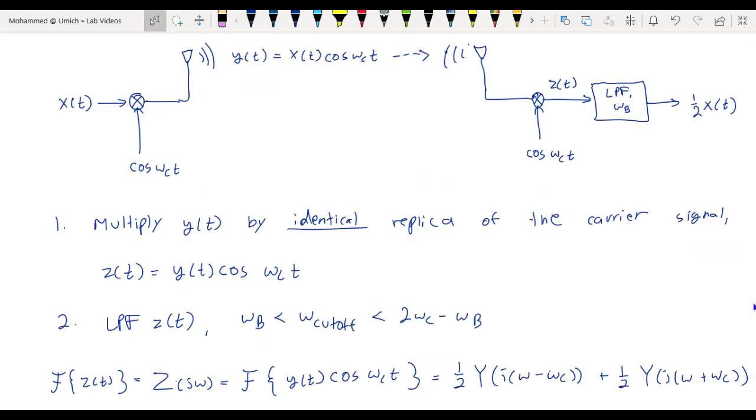Now usually the transmitter and the receiver are located at large distances from each other, which means that the receiver doesn't have an exact replica of the carrier signal cosine of omega_c t to use here in the demodulator.